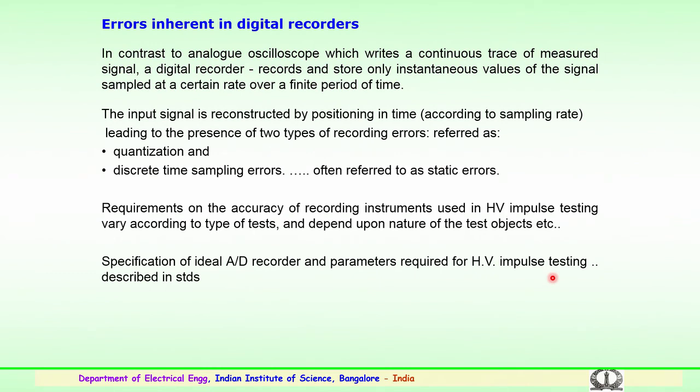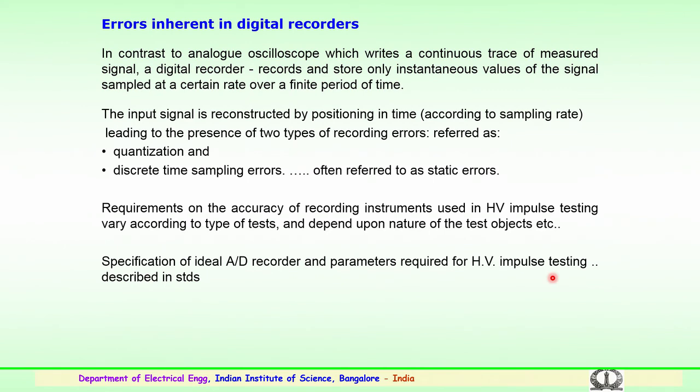During the measurements, errors are likely to be inherent in digital recorders, in contrast to the analog oscilloscope, which generally writes a continuous trace of the measured signal. A digital recorder records and stores only instantaneous values of the signal, sampled at a certain rate over a finite period of time.